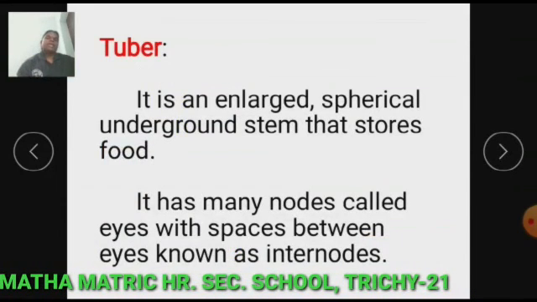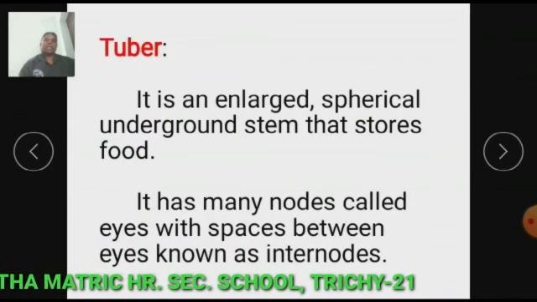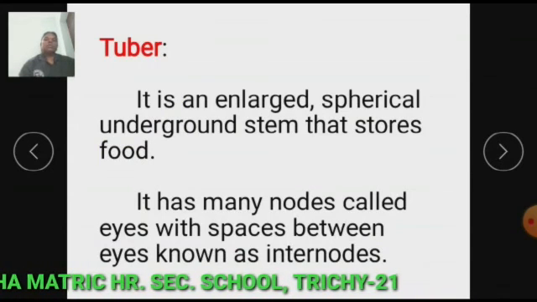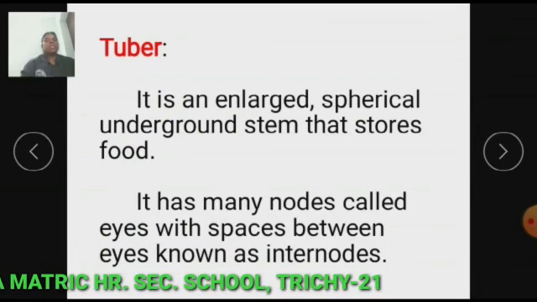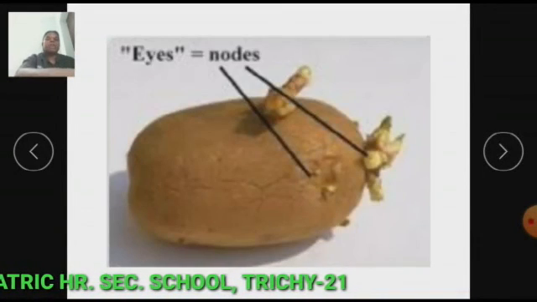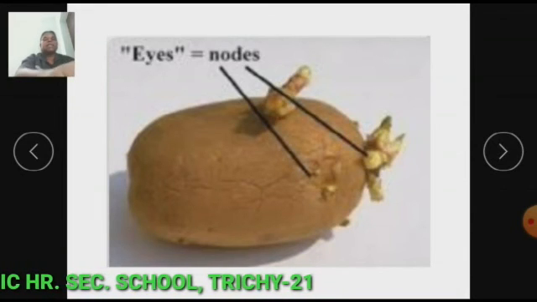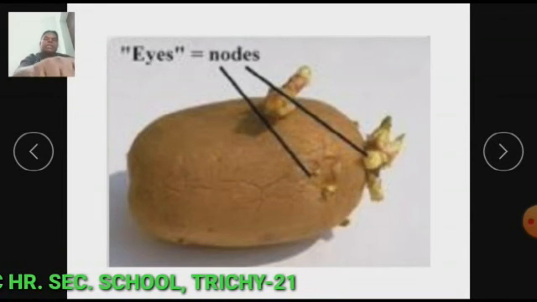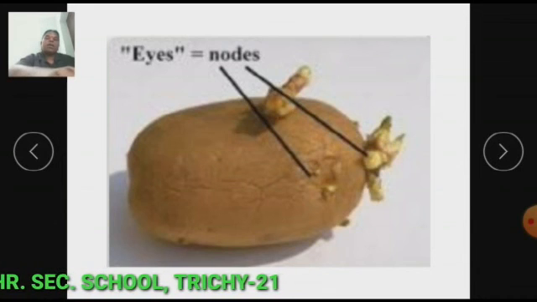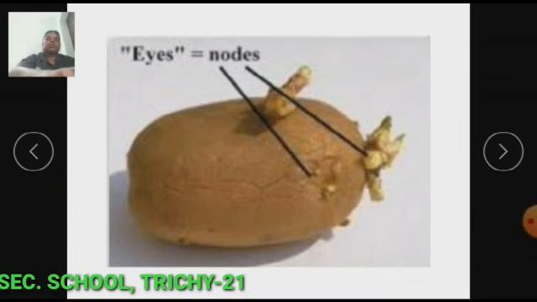Tuber. It is an enlarged spherical underground stem that stores food. It has many nodes called eyes with spaces between nodes known as internodes. In this figure, nodes of potato are shown.